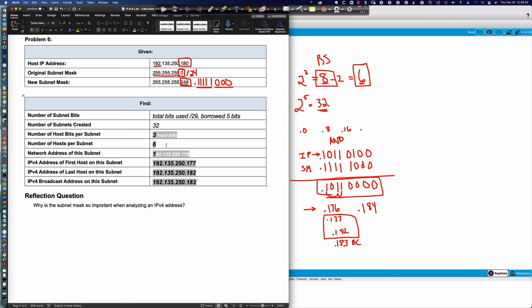It all starts and comes from that subnet mask value. And then from there, we can figure out what is the network ID, what is the first host. So again, the subnet mask is the key to giving me all of these other values. And that is why it is so important.